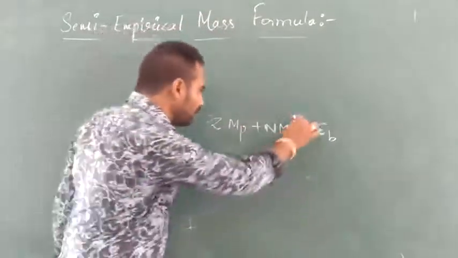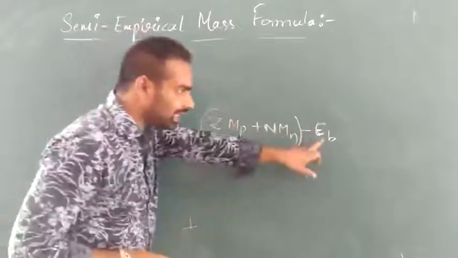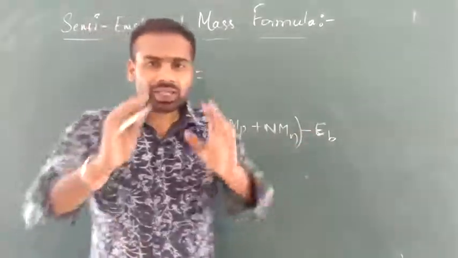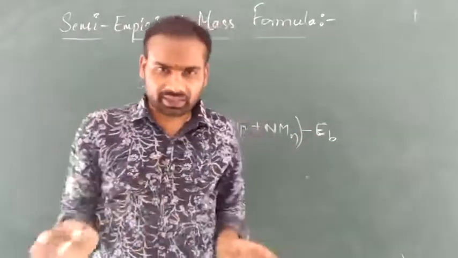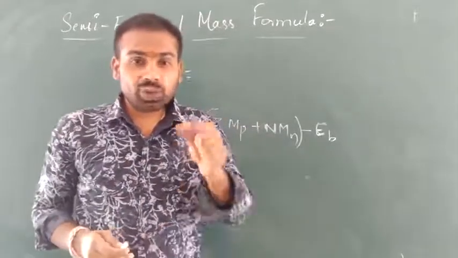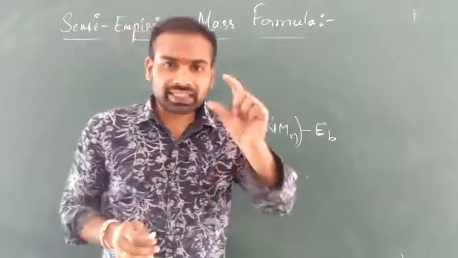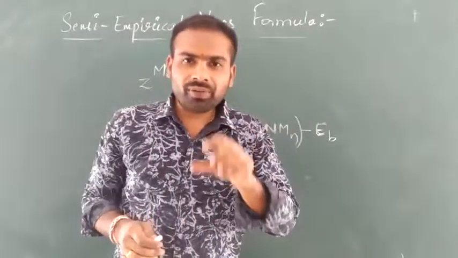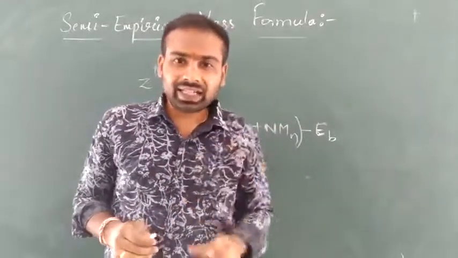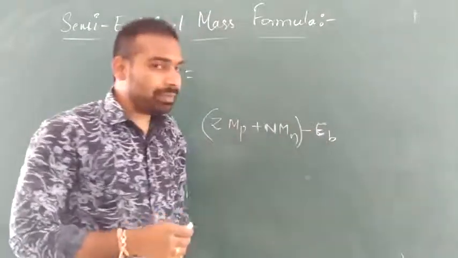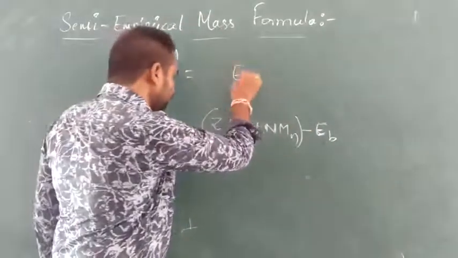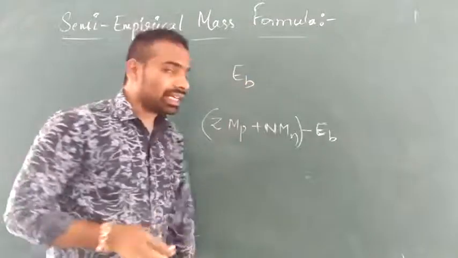The actual mass we calculate is not correct; there needs to be a correction in the mass of the nucleus. That correction term was given by von Weizsäcker in 1935. That correction term is EB, the binding energy correction term.